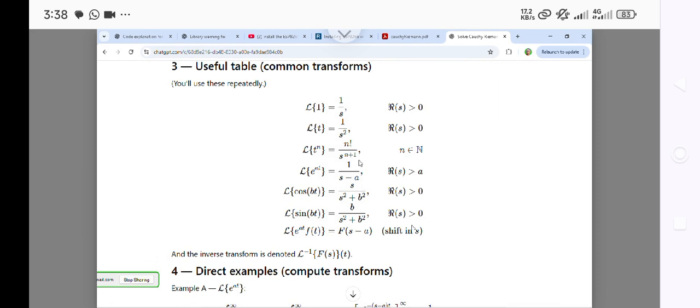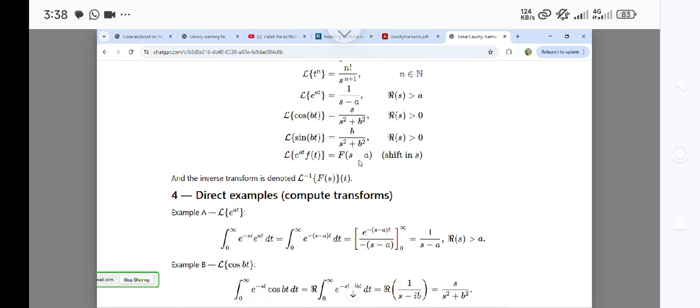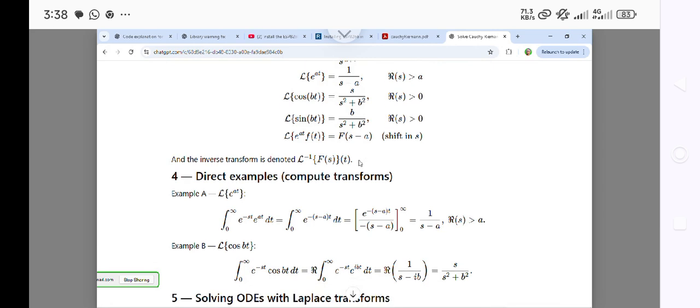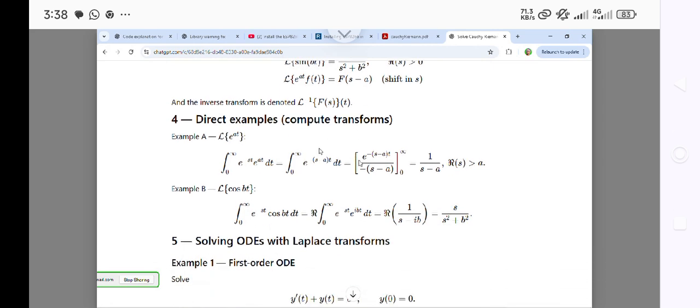So moving forward, let's look at some questions again. Before we start using the table proper, let's look at how the formulas were proven. So we want to look at the Laplace transform of exponential at, assuming you were asked to solve it in an exam, how it was proven.